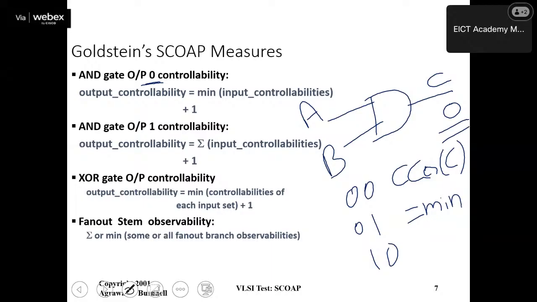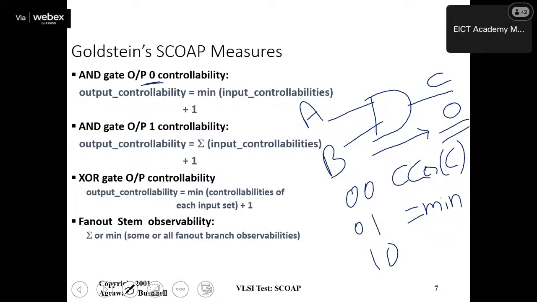That means the easiest possible way I can bring A or B to 0, plus 1. Plus 1 is for any combinational circuit. If you are crossing any combinational logic gate, you have to add 1. If you are crossing a sequential circuit, then the sequential controllability and observability will be plus 1.